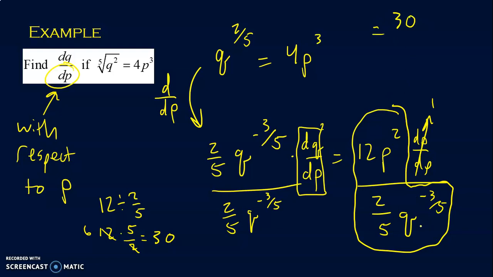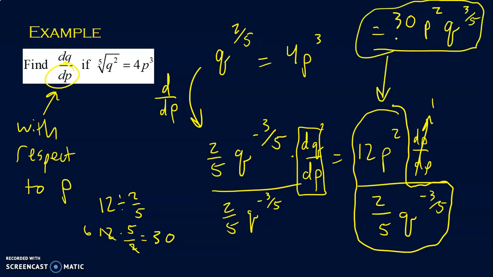P squared and q to the negative 3/5 aren't really going to be able to cancel out at all because they're different variables. But the negative exponent here can move up to the top. So I'm going to have 30p squared and then q to the 3/5. This is equivalent to this, but this is the answer you would probably see on the multiple choice exam.